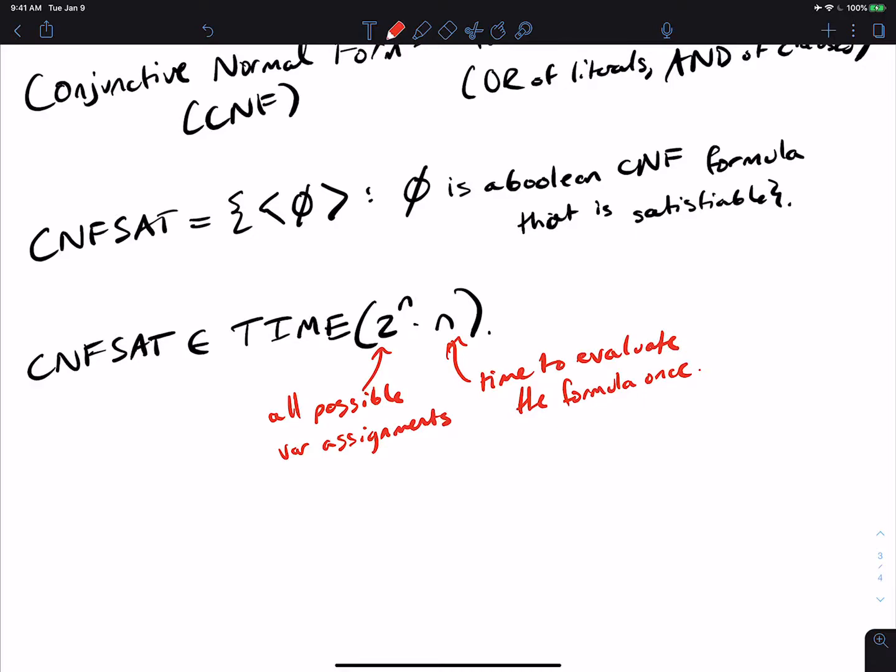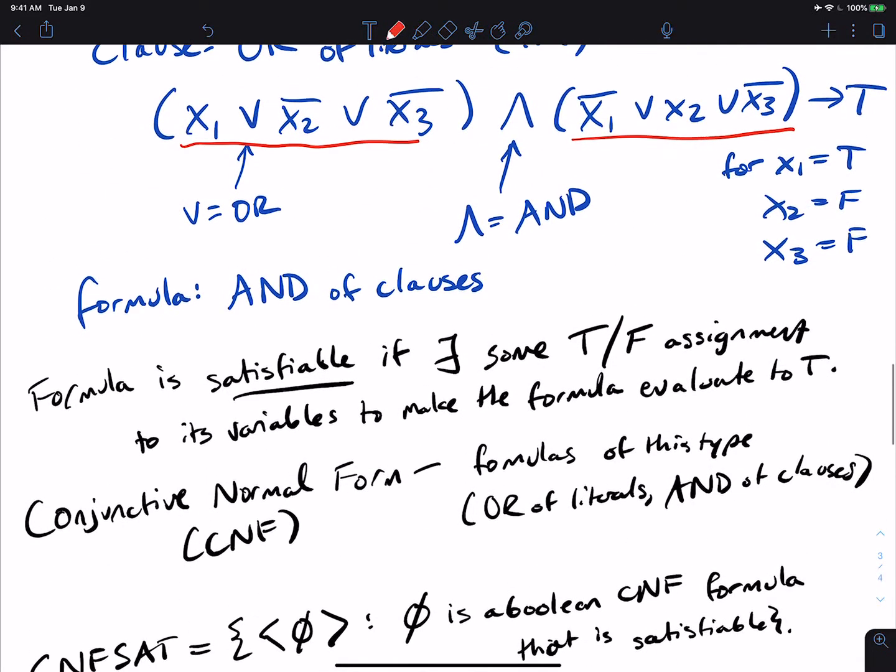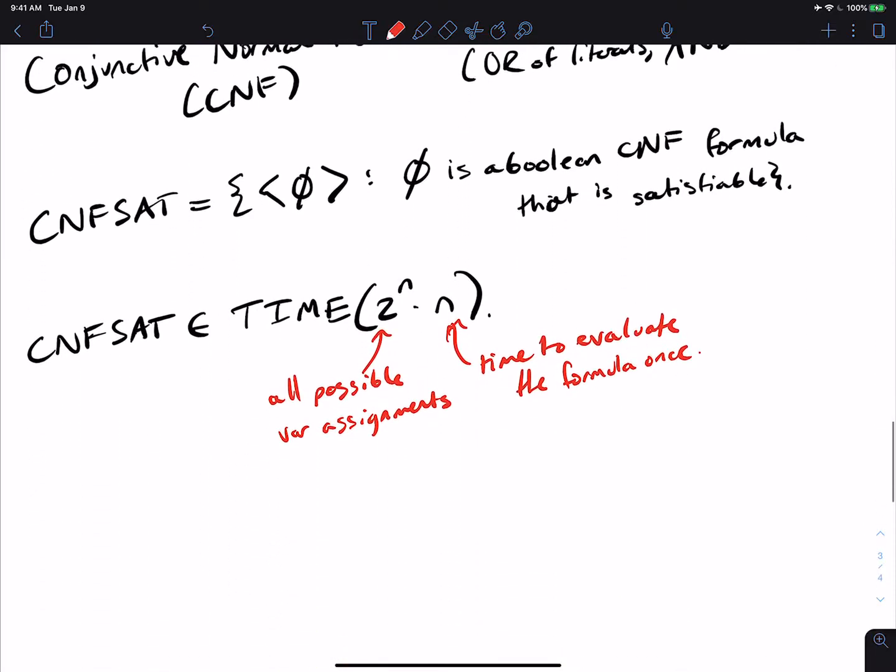If it evaluates to false, we just try the next variable assignment and see what happens. So there's no looking into what the formula structure actually is, or taking advantage of the fact that it's in conjunctive normal form. So this actually is the runtime you can use for any Boolean formula of any size, of any type. So for CNF-SAT, you can actually make this significantly faster because the formula has a specific structure to it. But we're not going to talk about that here.